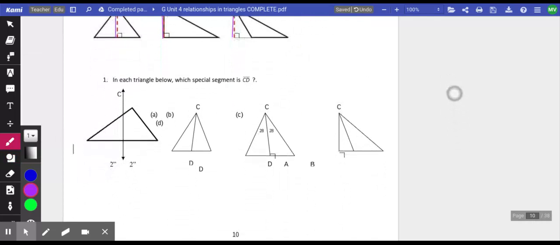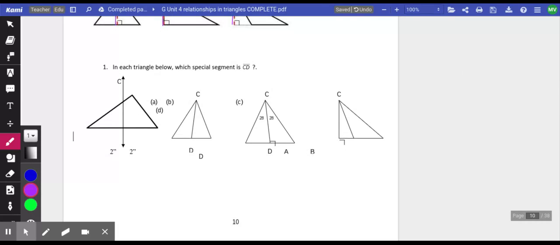In each triangle below, which special segment is CD? In this case, CD is the perpendicular bisector because it cuts it in half and it forms a right angle.